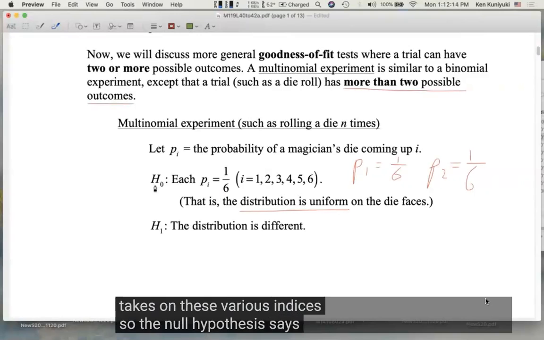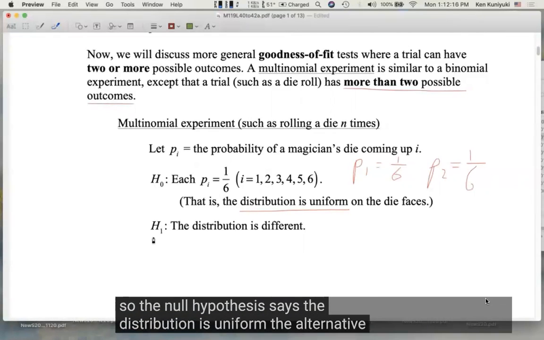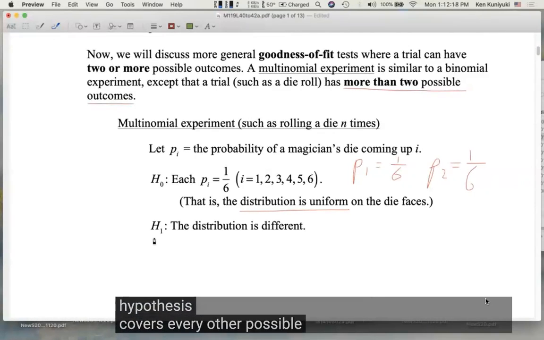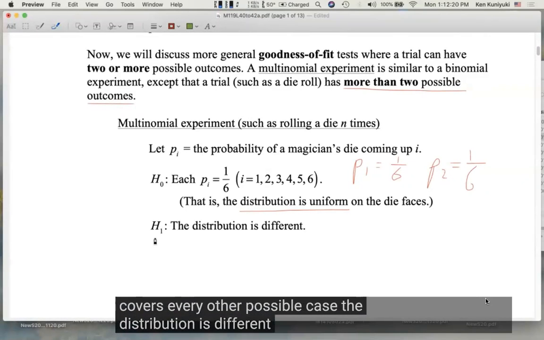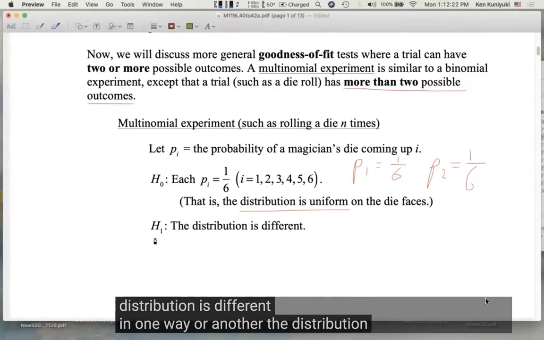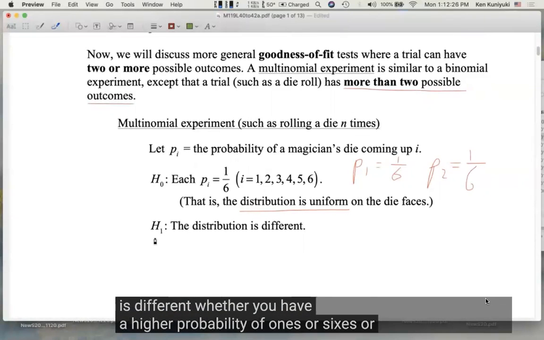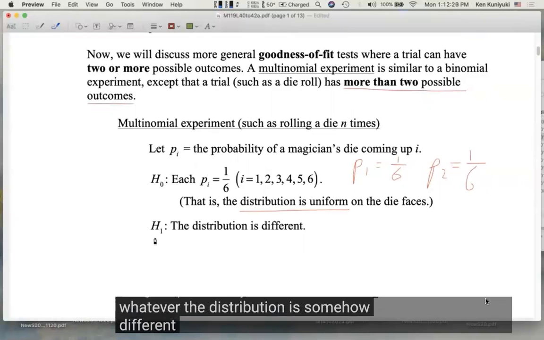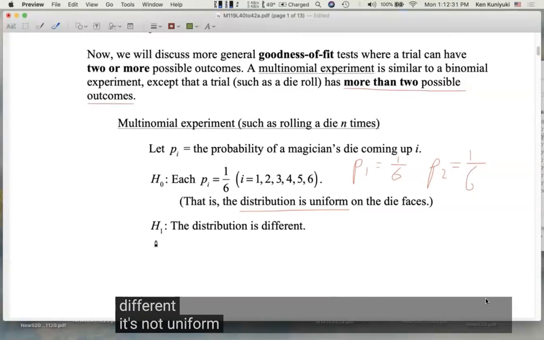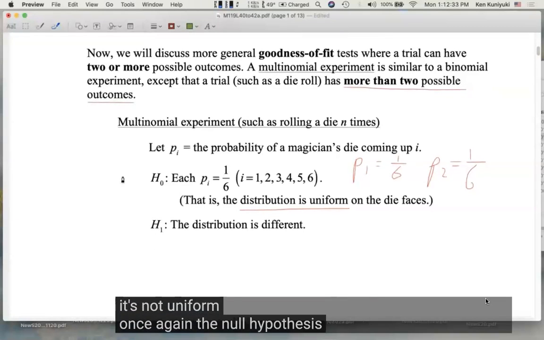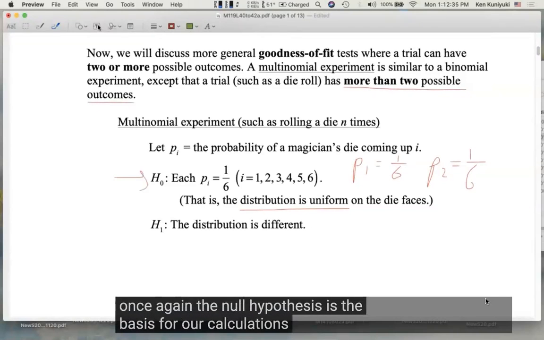So the null hypothesis says the distribution is uniform. The alternative hypothesis covers every other possible case. In one way or another, the distribution is different. Whether you have a higher probability of 1s or 6s or whatever, the distribution is not uniform. Once again, the null hypothesis is the basis for our calculations.